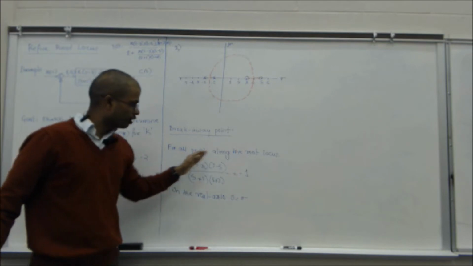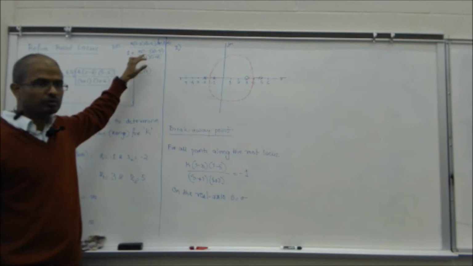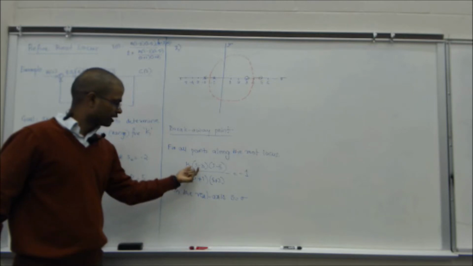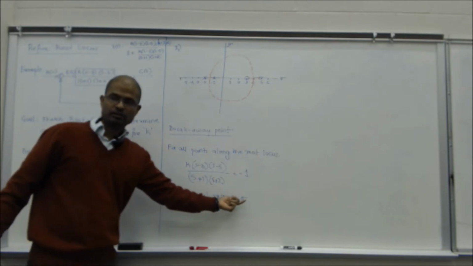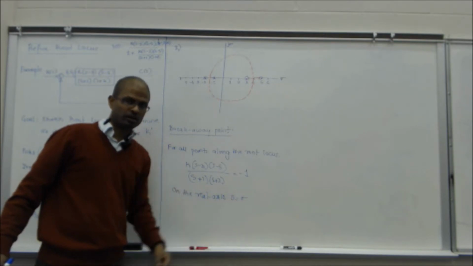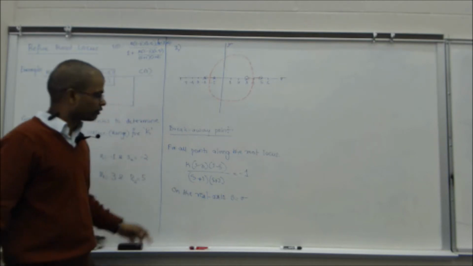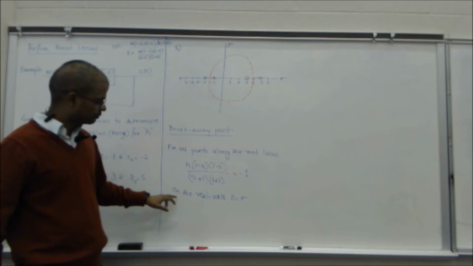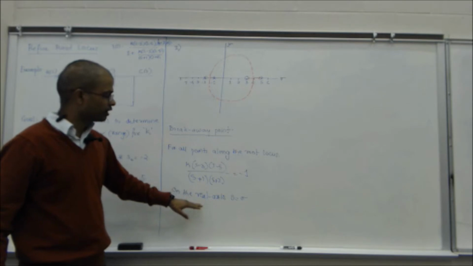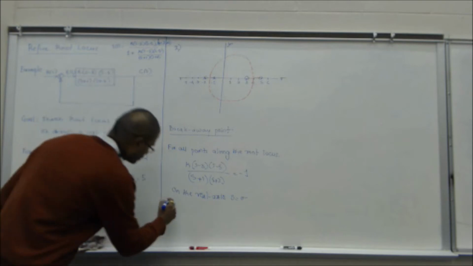So for all points along the root locus, this has to be 0 for different values of K. On the real axis, S will just have a real part and no imaginary part, so it is just sigma. If it's not on the real axis, then it will be sigma plus j omega.